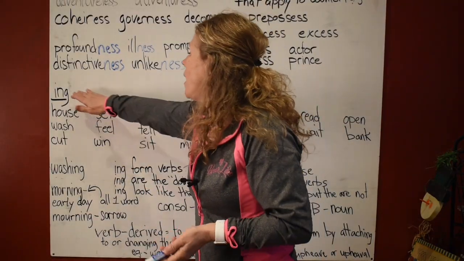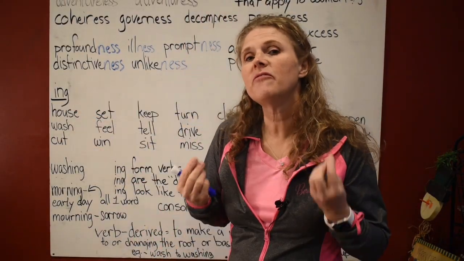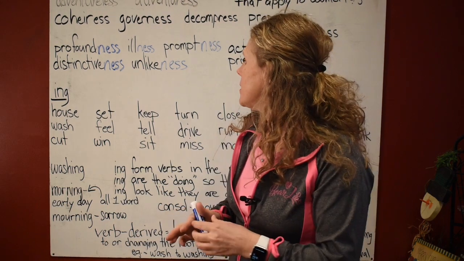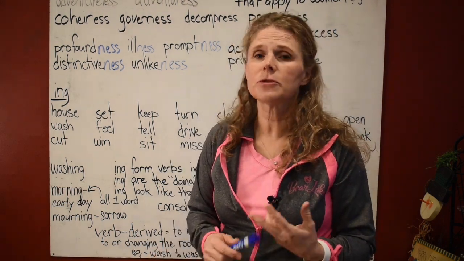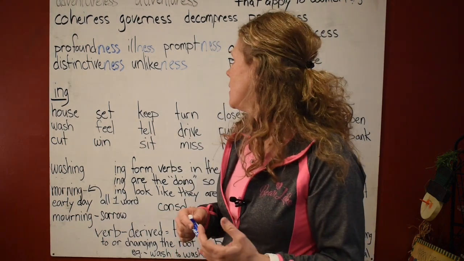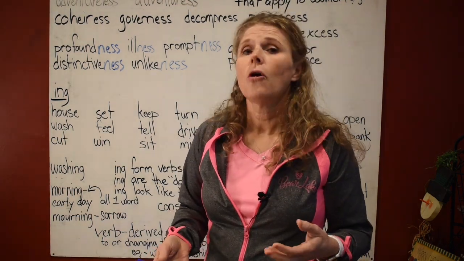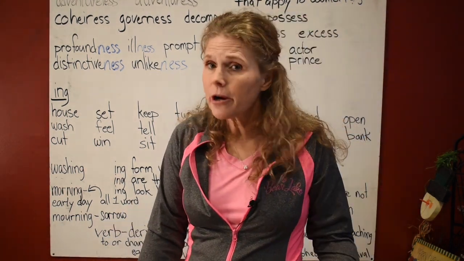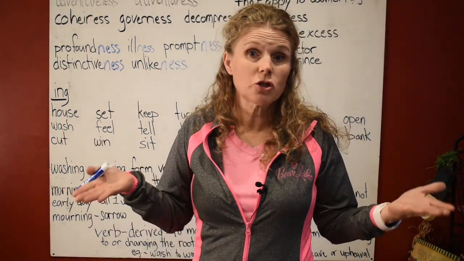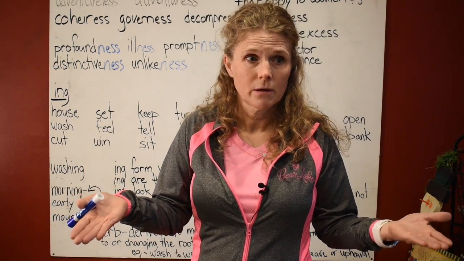So now with the INGs, they can be very confusing, and they can be lots of different things. They can act as your verbs, your nouns, adjectives. They are progressive tenses, participles. They are gerunds. See how INGs can be so very confusing?